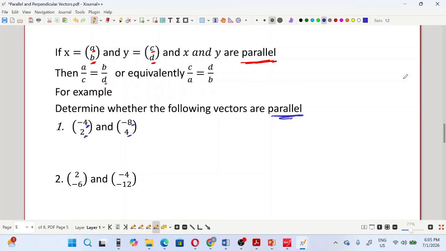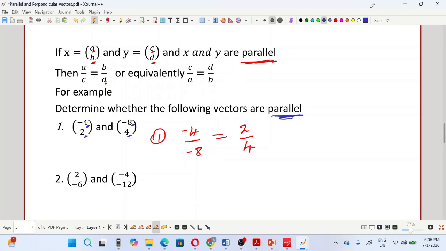To know that they are parallel, I will just have to divide -4 by -8, and that should be equal to the B, my 2 divided by 4, right? So let's see.